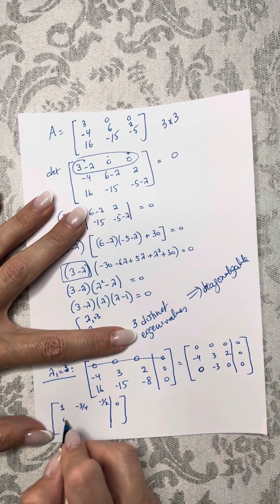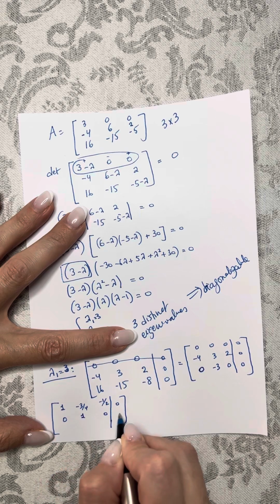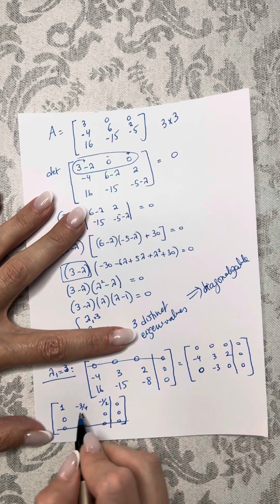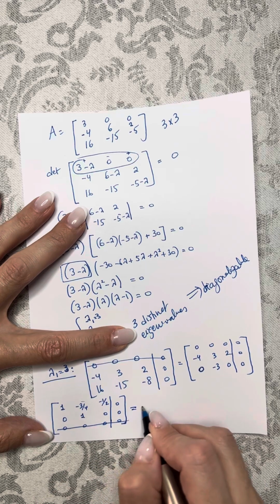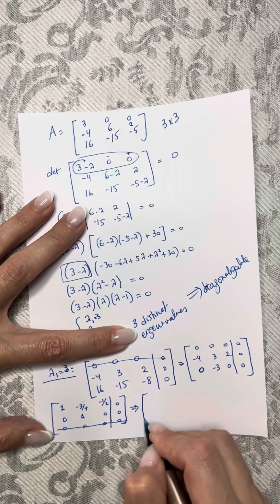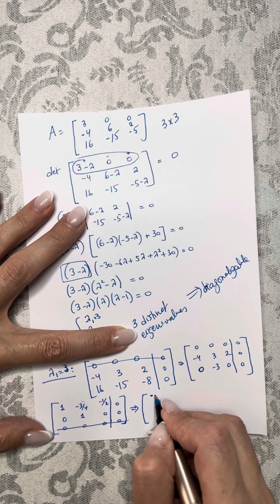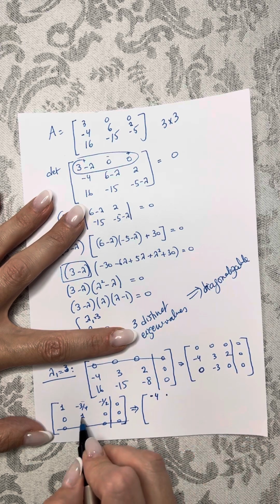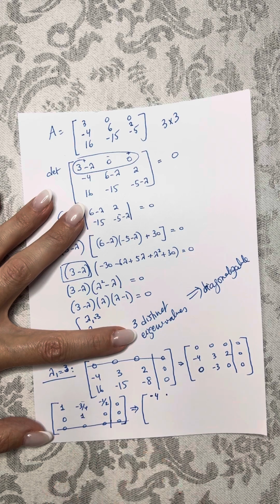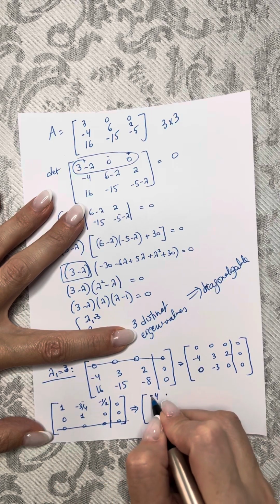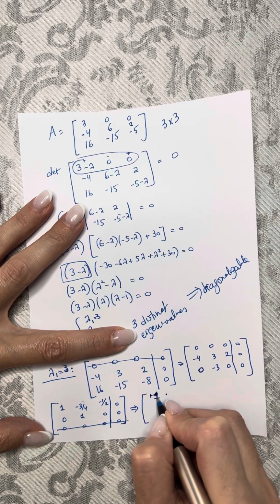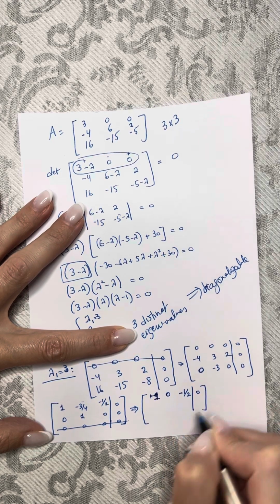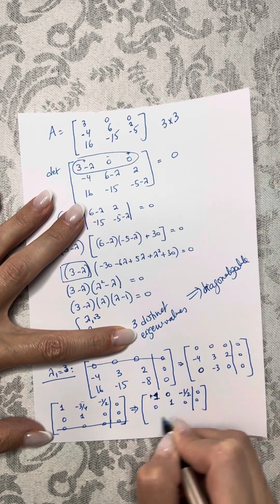Divide this by minus 3, and then the row of zeros down. Now eliminate the upper one. I get minus 4. So multiply this by 3 over 4 and add it, so we get 1, 0, minus half, 0, 1, 0.